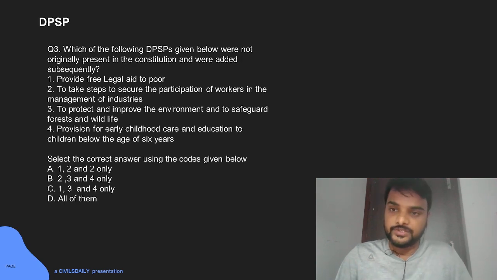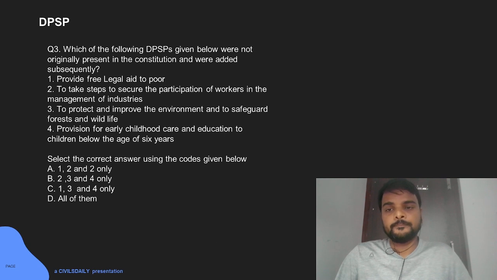Moving on to the next question, about the DPSP again. Which of the following DPSP given below were not originally present in the constitution and were added subsequently? Okay, so here one way to go about it is to remember all the DPSP, or remember certain facts, or remember the concept that DPSP was amended first in the 42nd amendment in 1976, and in the 86th amendment also, during the right to education constitutional amendment.